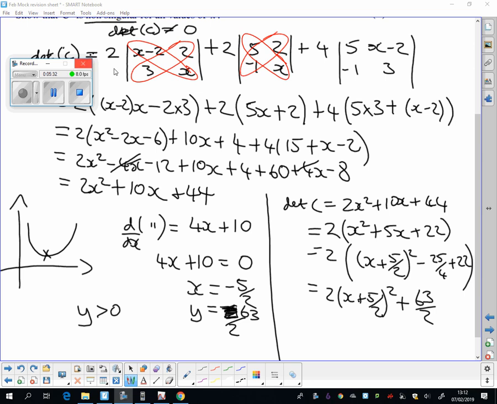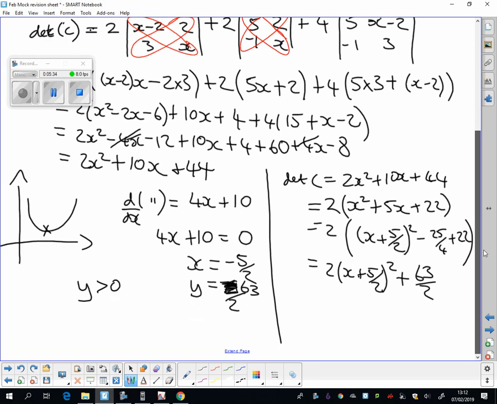So we've got this determinant here. So what we can say now is this bit is obviously greater than 0. And here we've got 2x plus 5 over 2 squared. Well, that's always going to be greater than 0, because if you square a number, it always is positive.